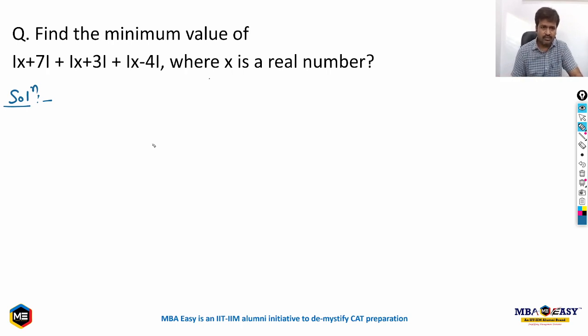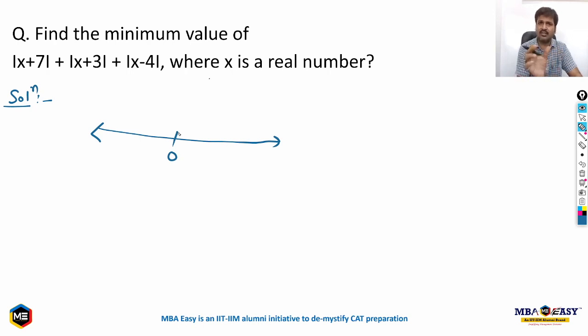All right. So let's say this is my number line. You have 0 here. Through this question we are also trying to learn a beautiful concept of plotting these expressions, mod of x plus 7, mod of x plus 3, mod of x minus 4, on a number line.